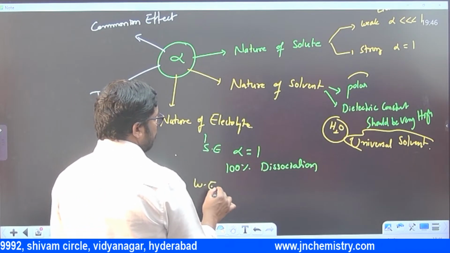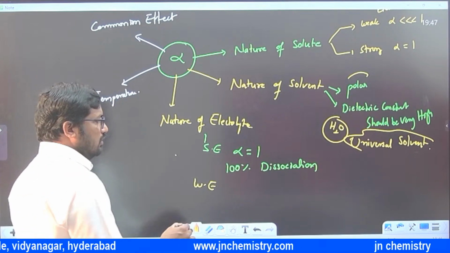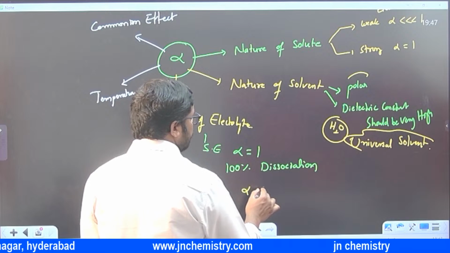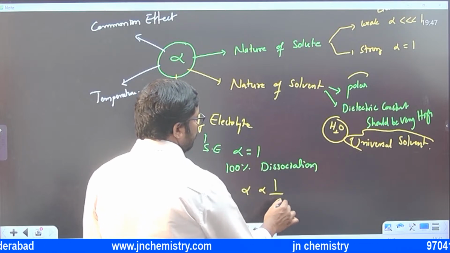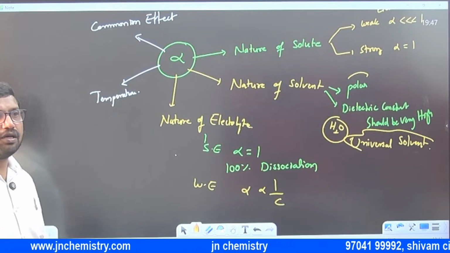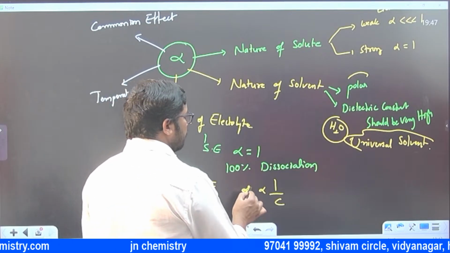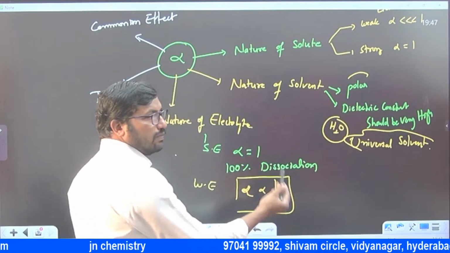on dilution, for a weak electrolyte, alpha is inversely proportional to C. It means that as concentration decreases, the alpha value increases. Alpha is inversely proportional to C, or C is inversely proportional to alpha.